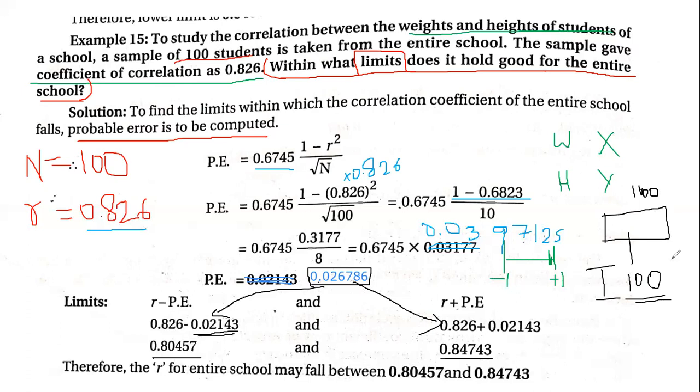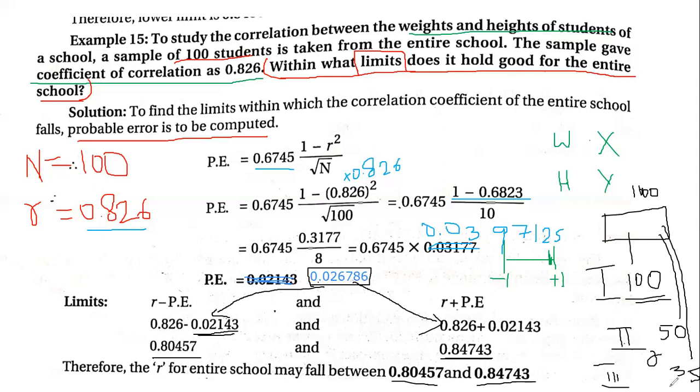Suppose if I take another sample of 50 students next. Sample number 2 is 50 students, and if I calculate R, then the value of R should be between these two numbers only. You take another sample, sample number 3 of 35 students, or any more number also is fine.